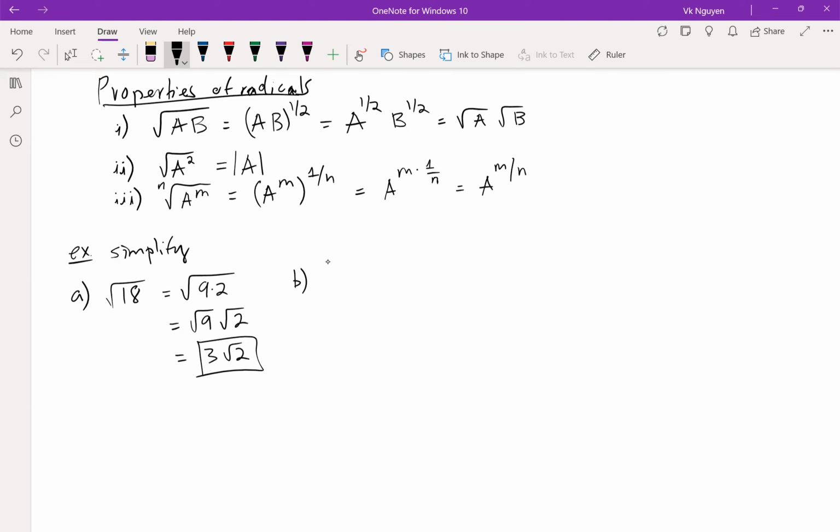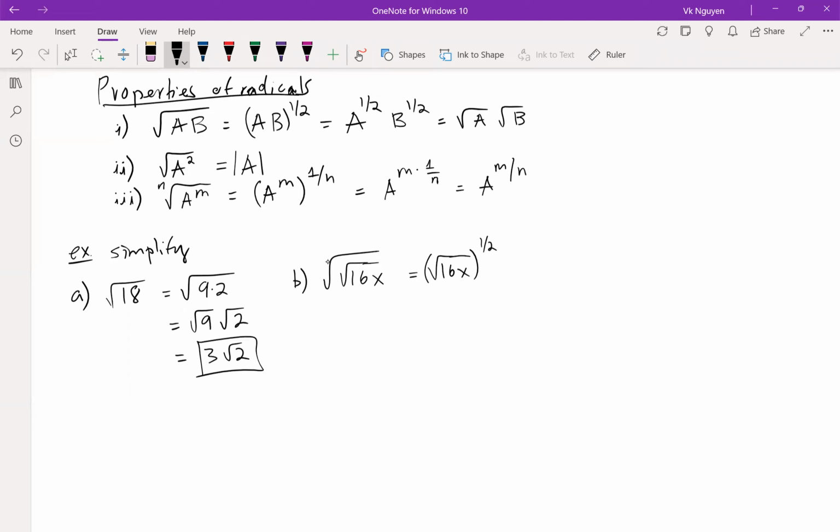B. Square root of the square root of 16x. So this is the root of 16x to the power 1 over 2.